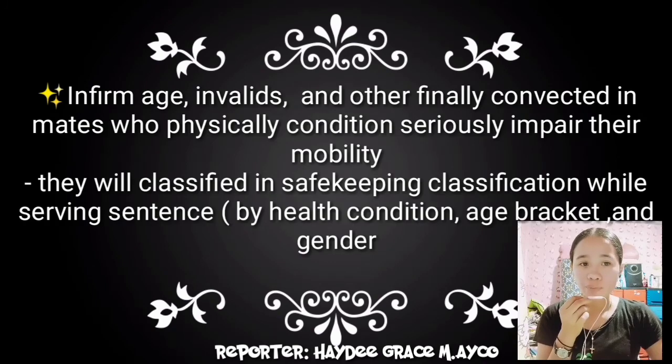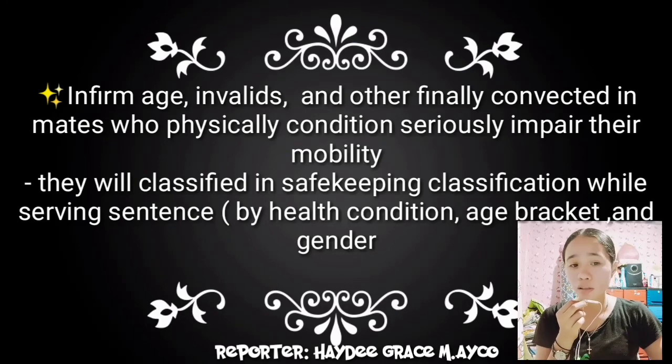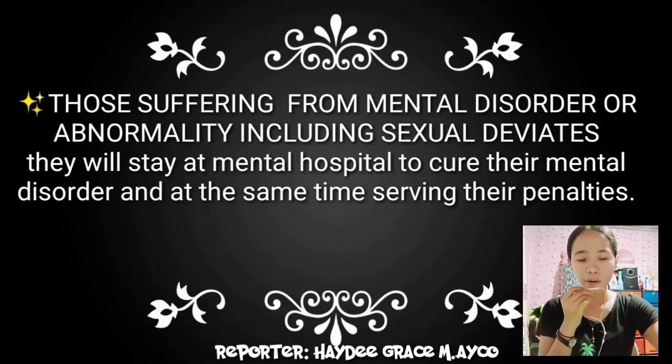Infirm age, invalids, and other finally convicted inmates whose physical conditions seriously impair their mobility, so they will be classified in safekeeping classification while serving sentence by health condition, age bracket, and gender. Those suffering from mental disorder or abnormality, including sexual deviates, they were put in mental hospital to cure their mental disorder and at the same time serve their penalties.